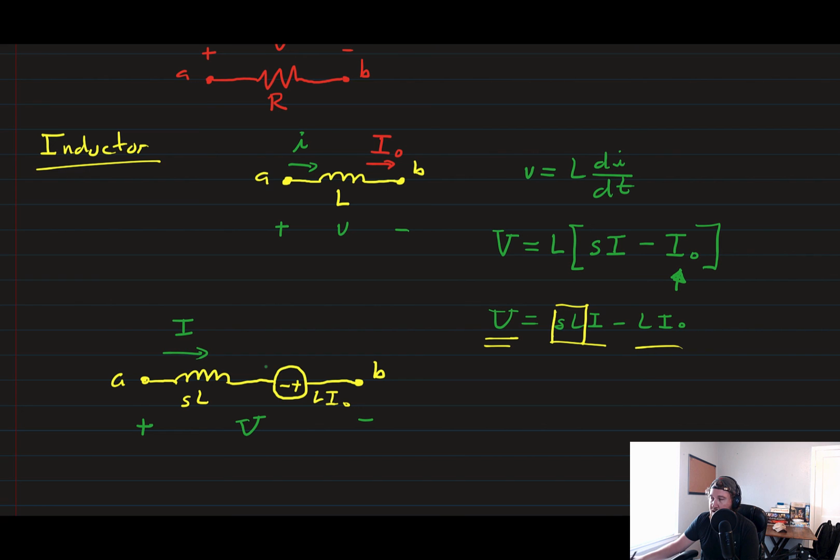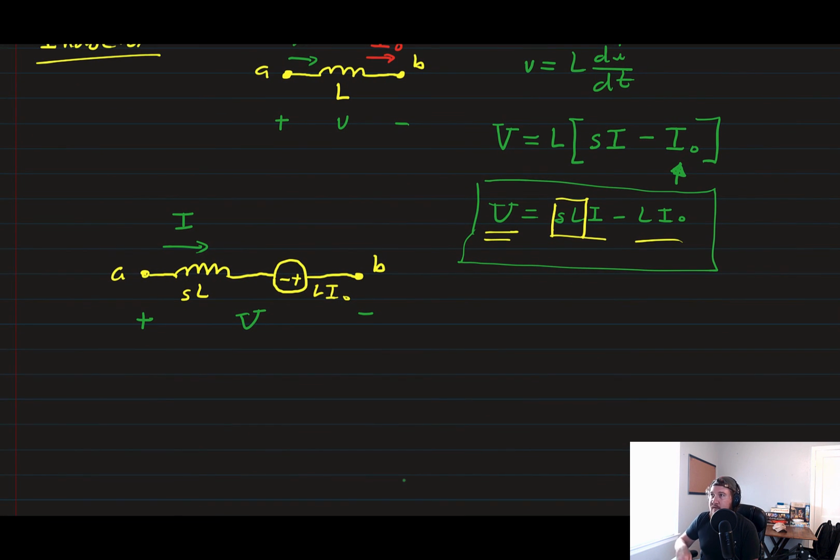The important thing here is that we get this expression, V is equal to SLI minus L I naught, and we add this voltage source in the expression. Now, if we were concerned with current, we can actually use just a little bit of algebra to transform this expression into an expression for current. So I'll just go ahead and start with that. V equals SLI minus L I naught.